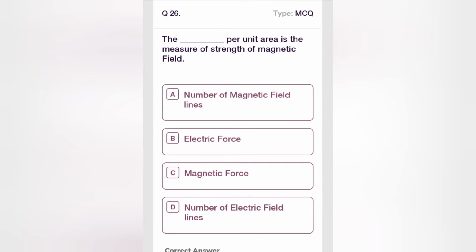The dash per unit area is the measure of the strength of the magnetic field. Flux per unit area is equal to the strength of the magnetic field.